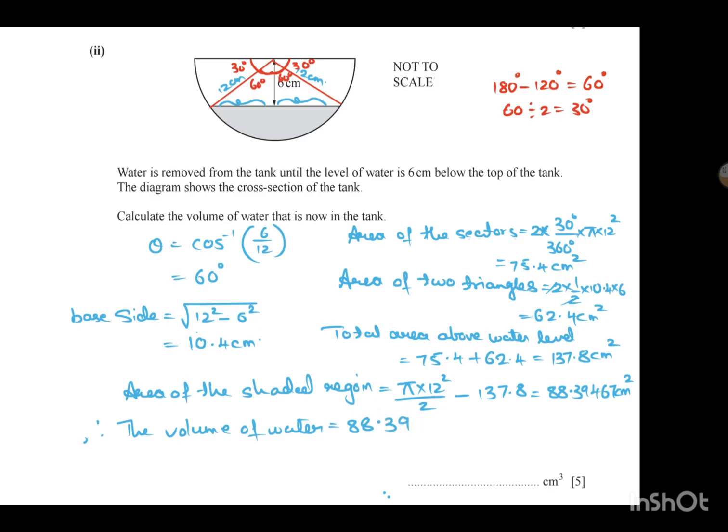Let me round 88.39 to one decimal, 88.4. So 88.4 into 100 will be 8840 centimeter cube.